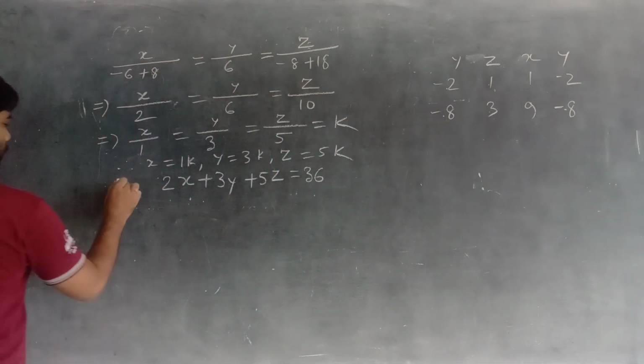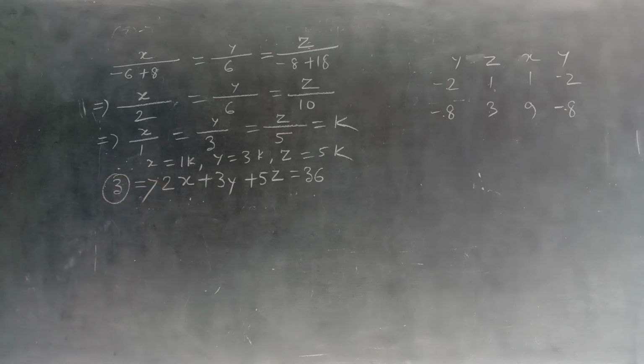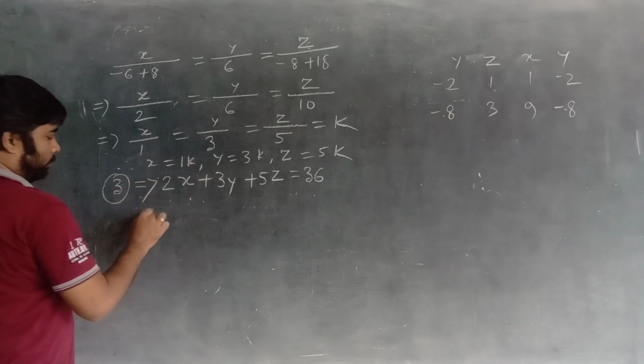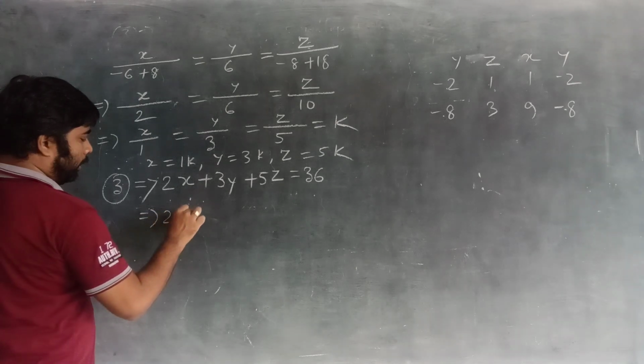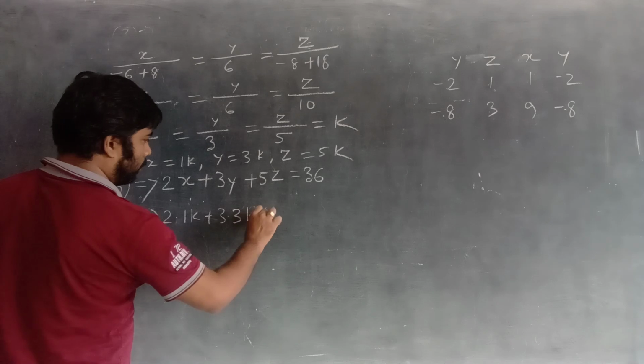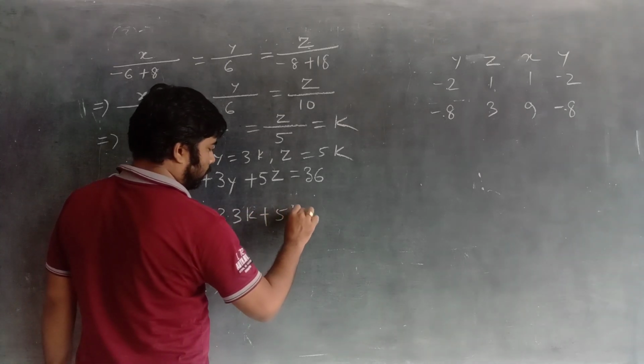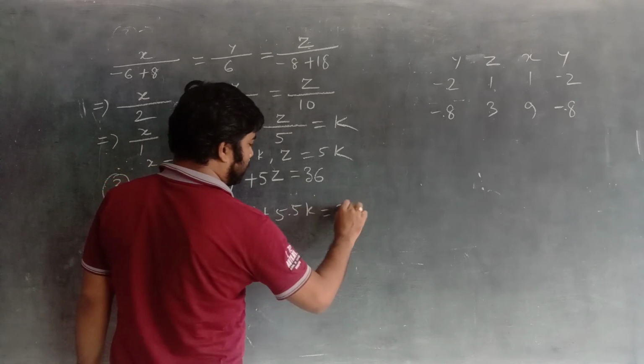So equation 3 implies, let us put the values of x: 2 into 1k, 3 into 3k, 5 into 5k, equal to 36.